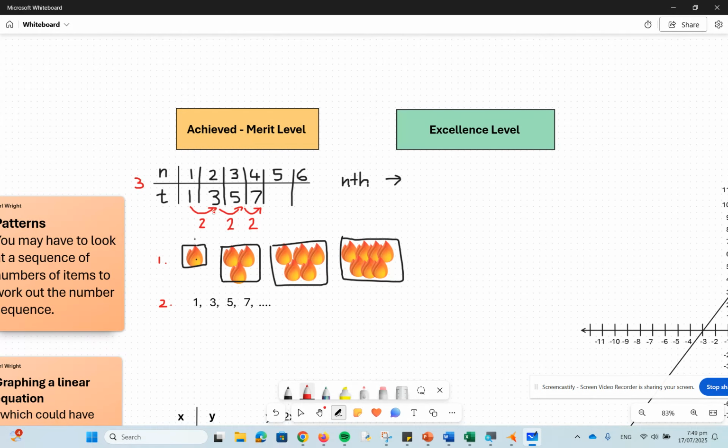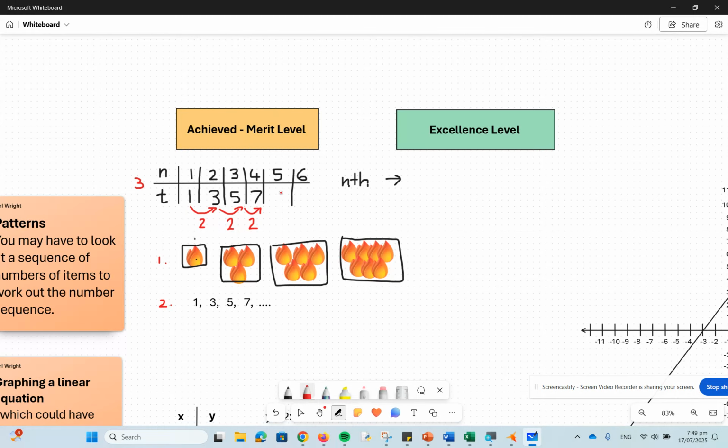They can be going down negatively or up, and the number might not be constant. If it's not constant, that means it is not linear, which means it will not make a straight line if you plot it. But you are at year 10, you're only plotting linear. So when I see this 2, 2, 2 pattern, I know that's going to be a linear line equation.